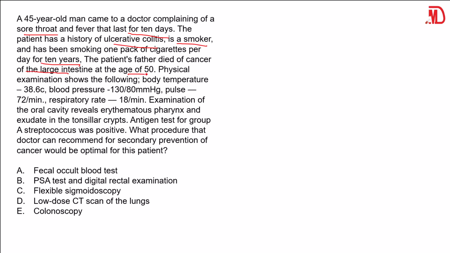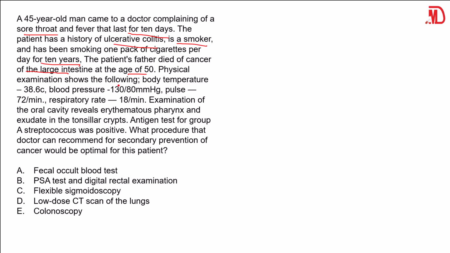Anytime they tell you this, is to tell you that this patient could be having a similar episode. That is why family history is always very important for us if we are going to make a diagnosis. So over here, as a doctor, you're already thinking about something related to his father's death, which could have been a cancer from his habit, the chronic smoking and colitis and all those sort of stuff.